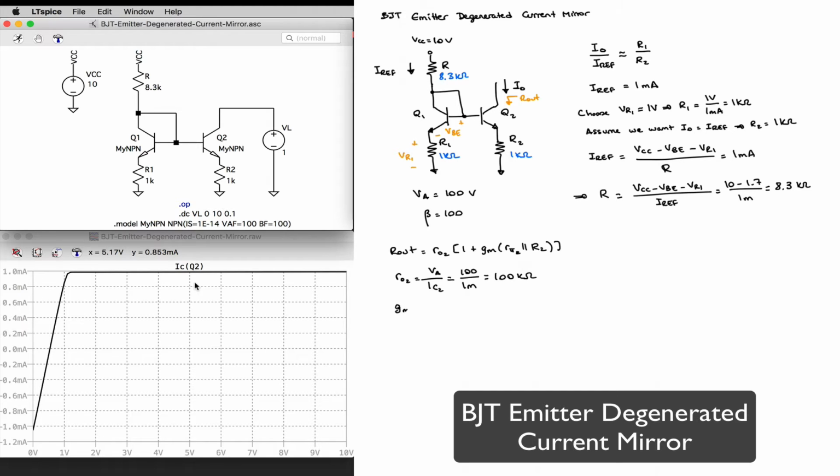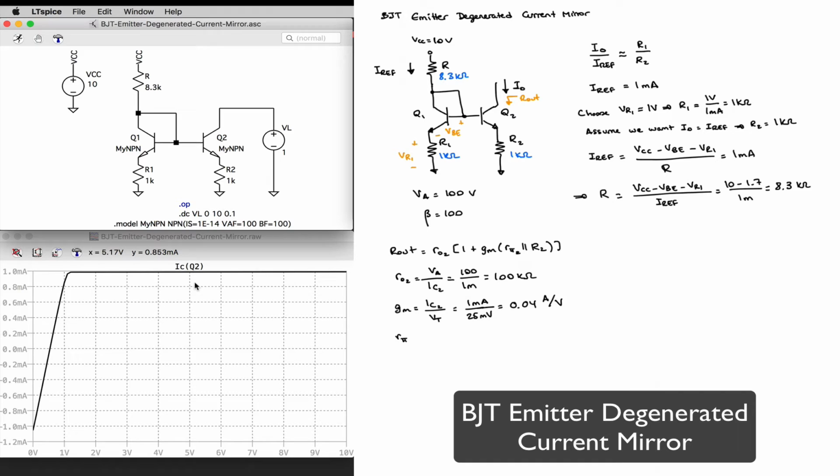My gm is going to be equal to the quiescent collector current, IC2, divided by the thermal voltage, which at room temperature is going to be around 25 millivolts. And so this is going to be 1 milli divided by 25 milli, which is 0.04 amps per volt, or inverse unit of ohm. We will also have expressed it as ohm to the minus 1.